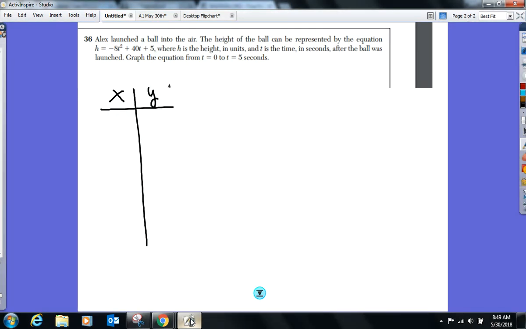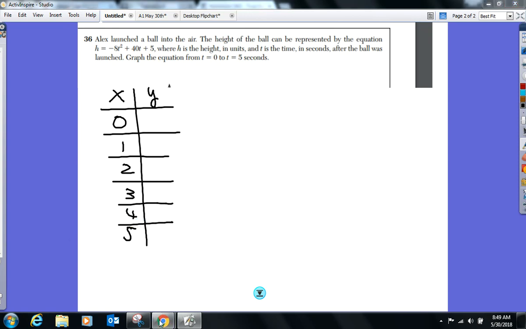Because you had to start somewhere. Not for this one. I just want to know how do you know which numbers to put here? There you go, 0 through 5. It says graph it from 0 to 5. I didn't have to do any of that axis of symmetry business.